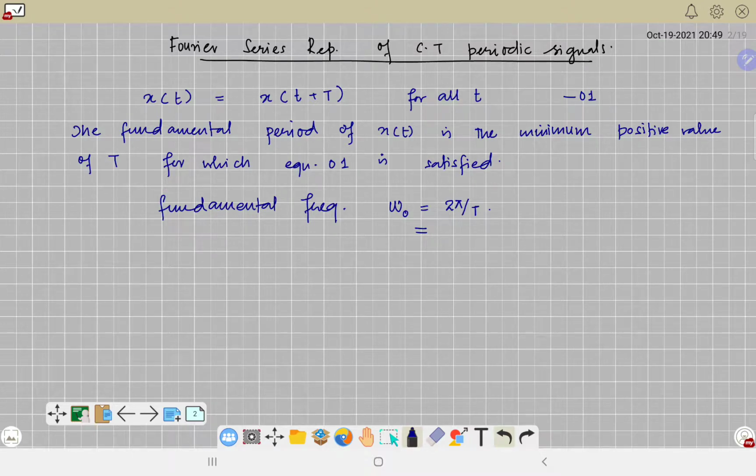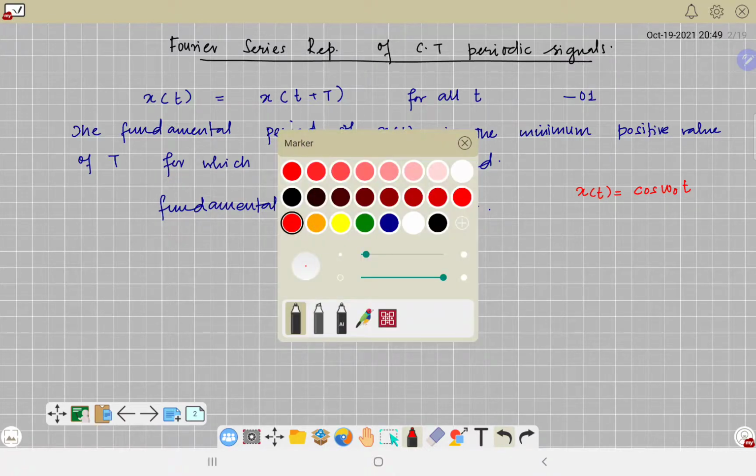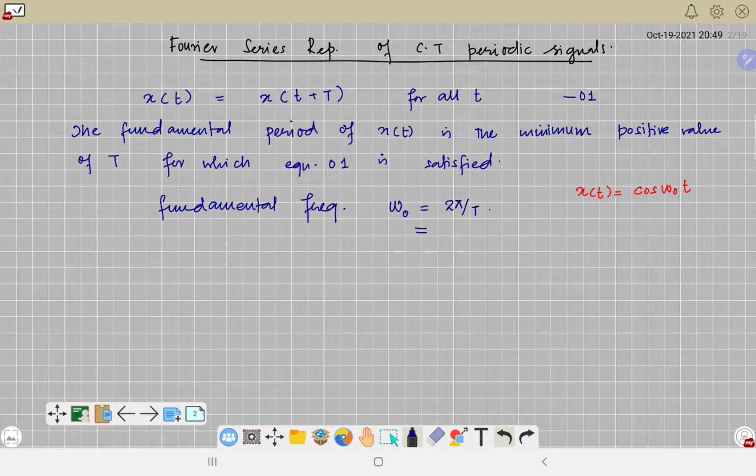Now we have some basic periodic signals that we have discussed in our first chapter, like the simple sinusoidal signal cos omega naught t. This will be a periodic signal with fundamental frequency omega naught. Similarly, we had defined the exponential signal x of t equals e raised to the power j omega naught t.